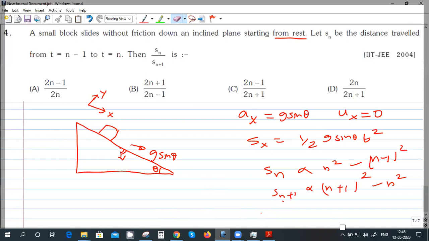So now we take the ratio of these two. Sn by Sn plus 1, so n square will cancel.